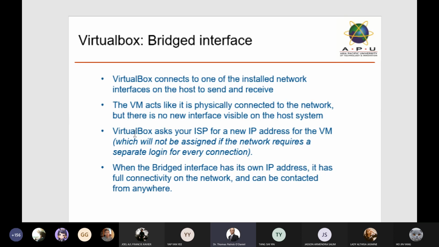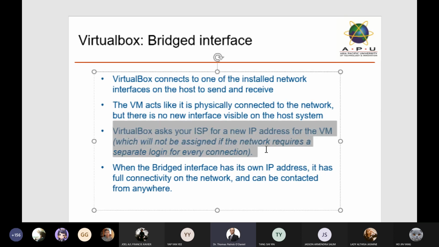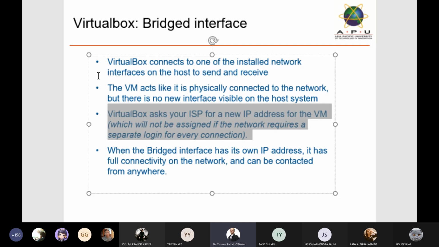But what's going to happen is VirtualBox is going to ask your ISP for a new IP address for this bridged interface on this VM. Now, here's the tricky part. Some people get confused about this, and we'll say this again. Sometimes this one will not get an IP address. It depends on your ISP and what they require for login credentials.